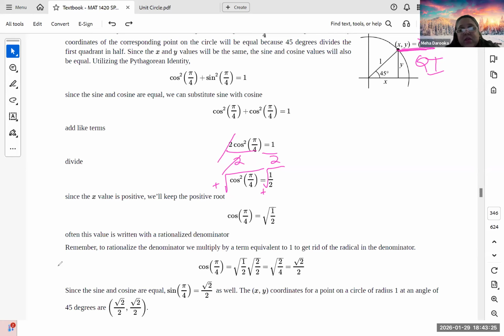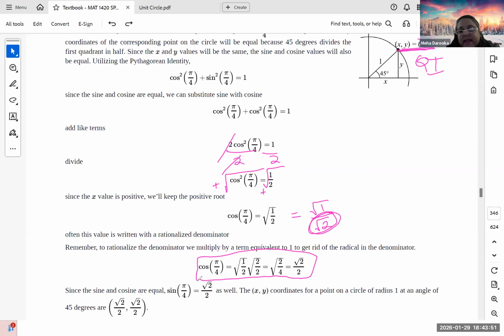If that is something you want to review, let me know. But rationalizing the denominator basically means getting rid of the radical in the denominator. So if I rewrite this as square root of 1 over square root of 2, just breaking up that radical, rationalizing means removing the radical from the denominator, and you can see the math over here of doing that.